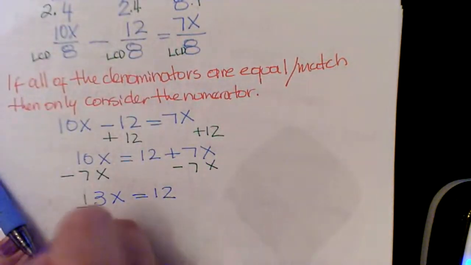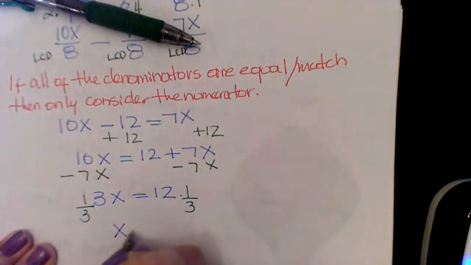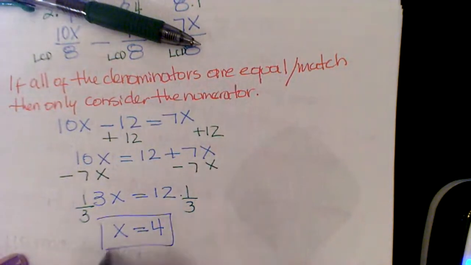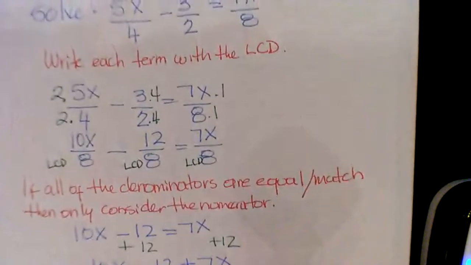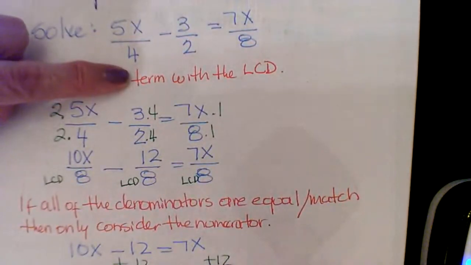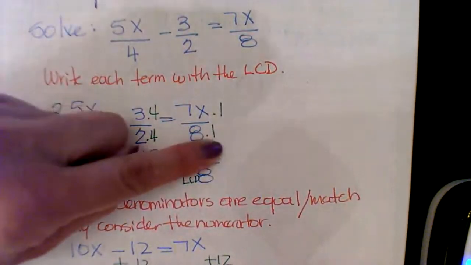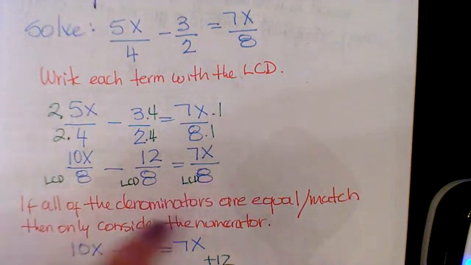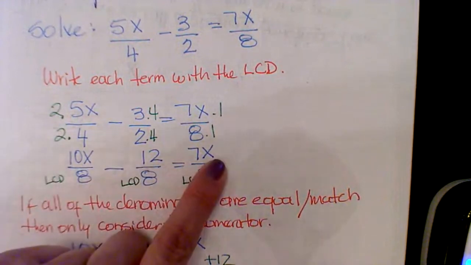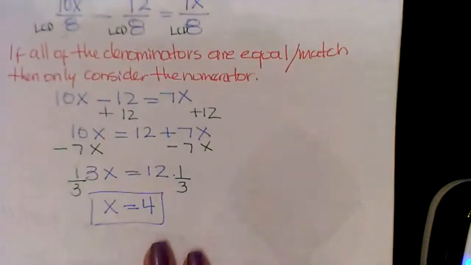And x equals 4. And this is our answer. So first, we're going to find the lowest common denominator. Once we have the lowest common denominator, and the denominators are equal or match, we're just going to consider the numerators. And that's what we did here.